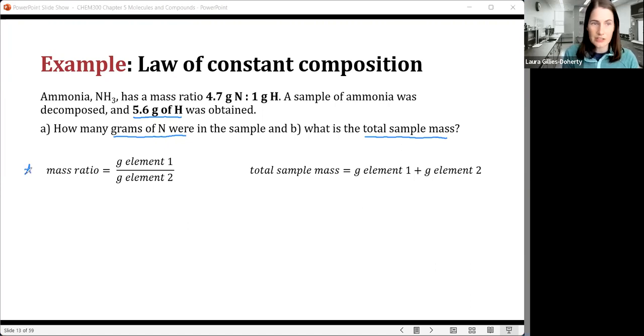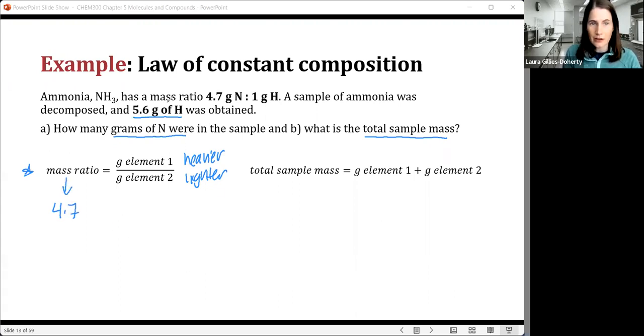So we're going to use the law of constant composition to solve a problem like this. The law of constant composition says the mass ratio for 2 elements in a compound is always going to be constant for that compound. You take your grams of element 1, and I always put the heavier one on top because I like getting mass ratios that are whole numbers that are positive, and I put the mass of the lighter one on bottom. So we were told the mass ratio is 4.7 to 1. So our mass ratio is 4.7.